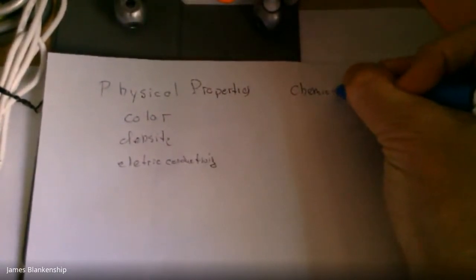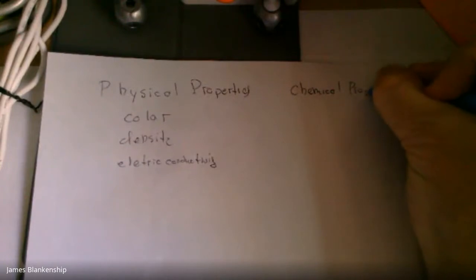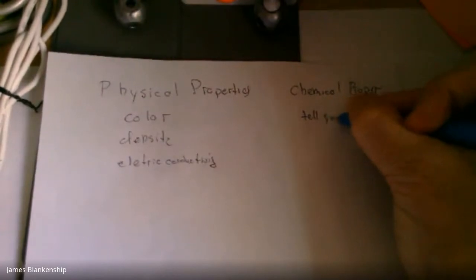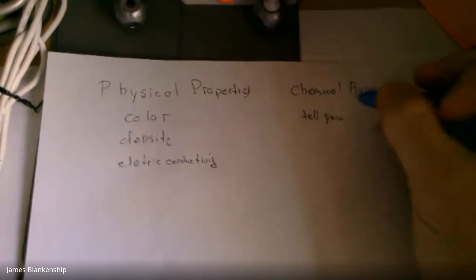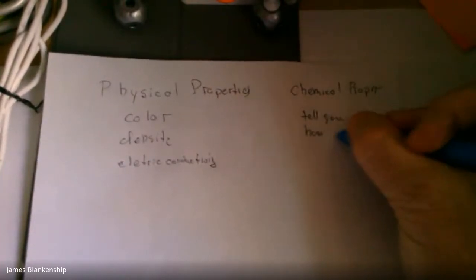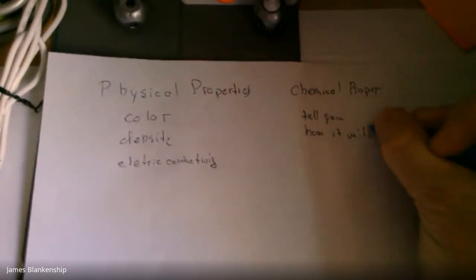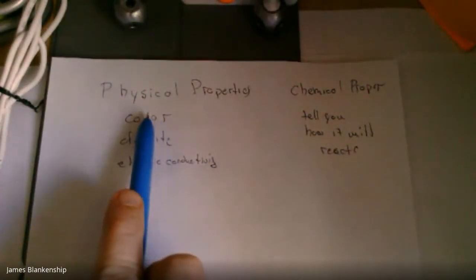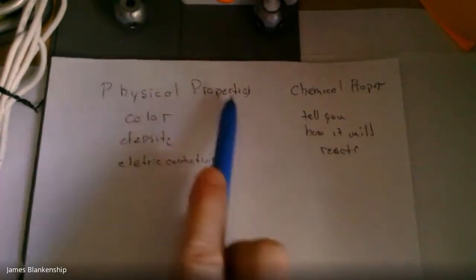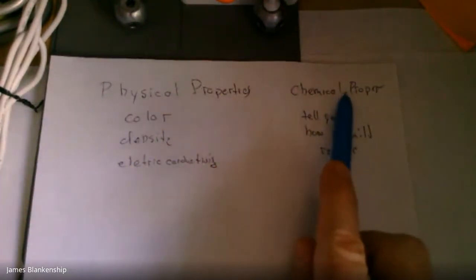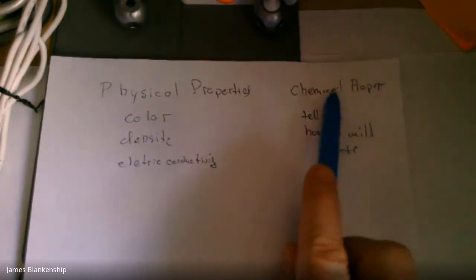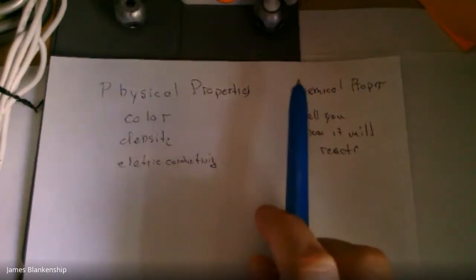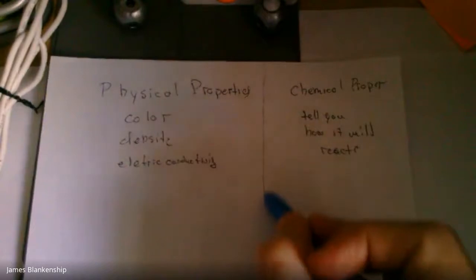A chemical property tells you how the element or compound will react. If you can describe something by visually observing it, that's probably a physical property. Chemical properties are talking about, well, if you take hydrogen and you put a match to it, it'll burn. That's a chemical property of hydrogen. So that's chemical and physical properties.